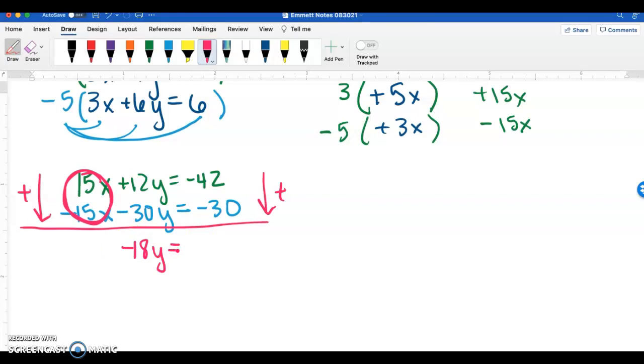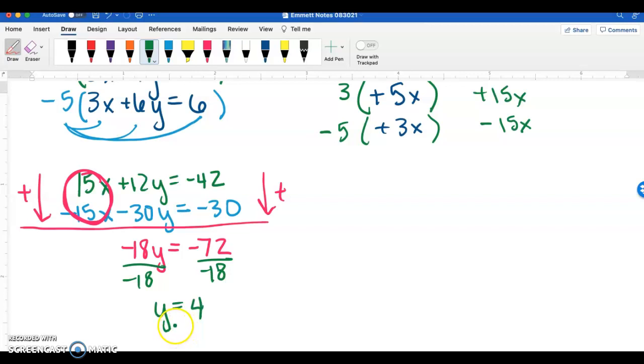And then a negative 42 and 30 gives us a negative 72. So we keep going. We divide both sides by negative 18, and we get y equals 72 divided by 18. That gives us positive 4. So y is a positive 4.